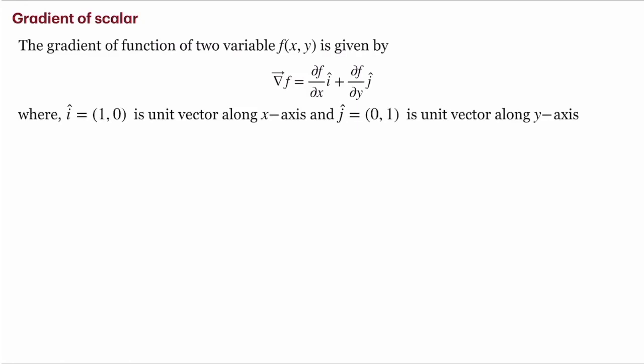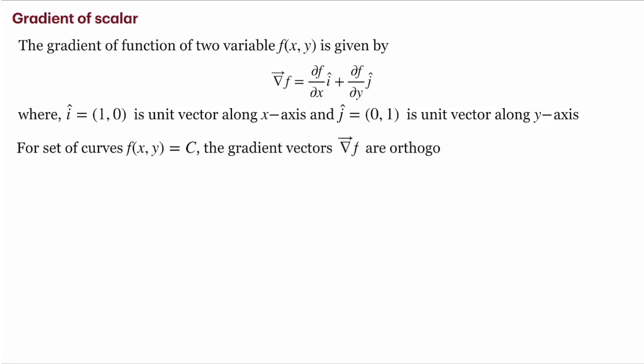So the gradient is a vector field generated by differentiating a function of 2 variables or n variables. We are confining ourselves to 2 variables because we are connecting it to complex functions.